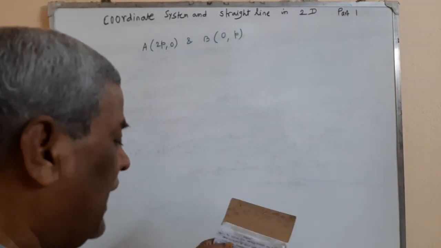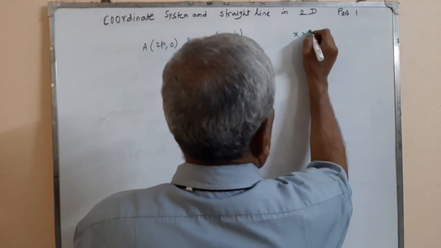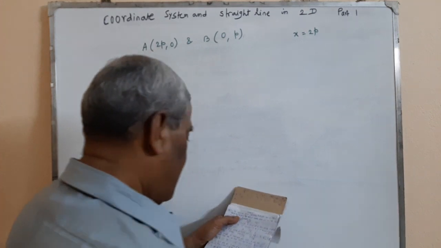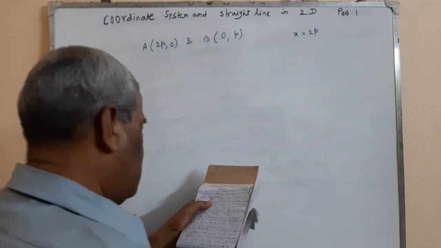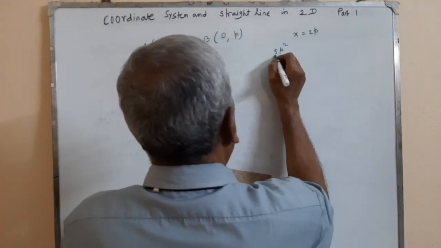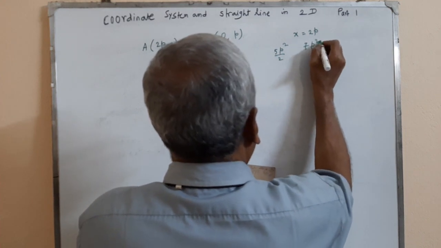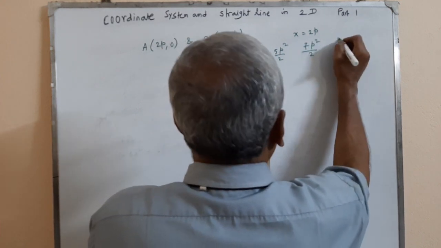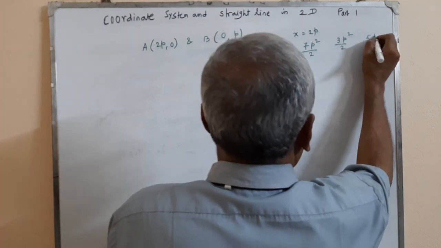If the third vertex lies on the line x is equal to 2p, then the area of the triangle is, options: 5p square by 2, 7p square by 2, 3p square by 2, and 5p square.